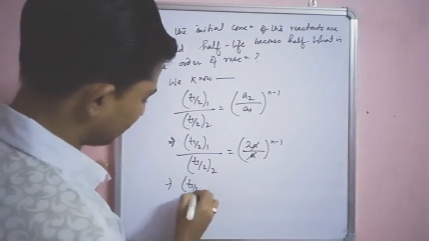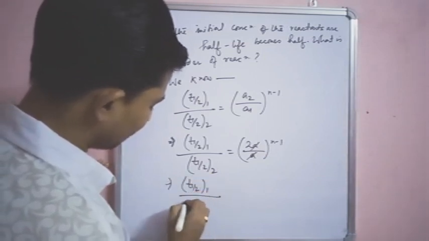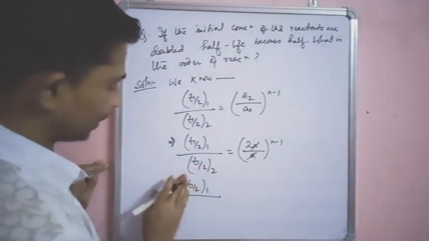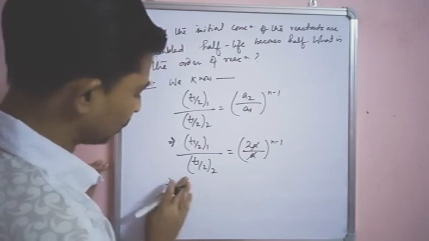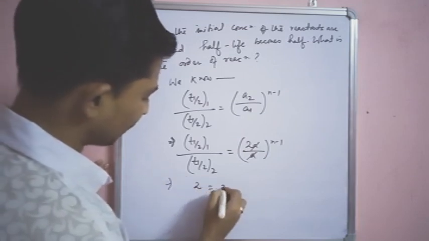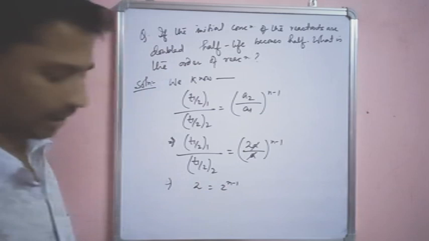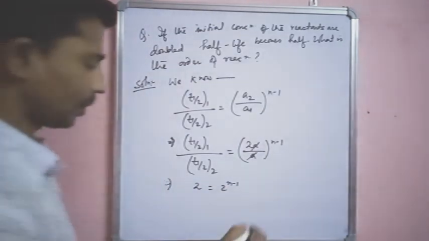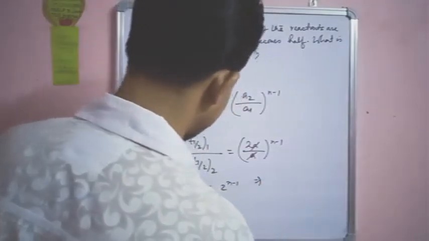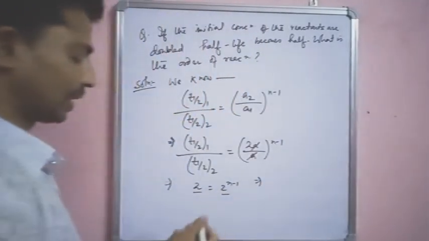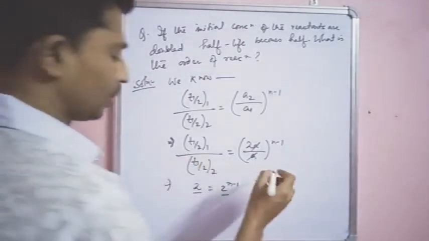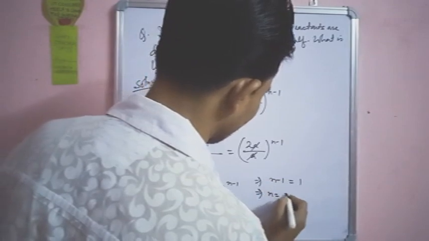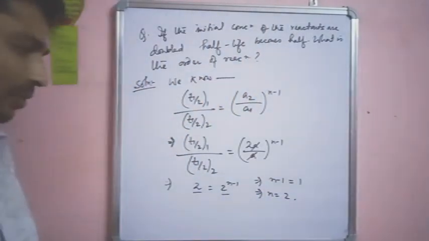So we will get the value as 2 is equal to 2 to the power n minus 1. So base equal है. So according to law of indices power equal हो सकता है. So n minus 1 is equal to 1, that is n is equal to 2. वो बहुत ही सिंपल सा क्वेश्चन है.